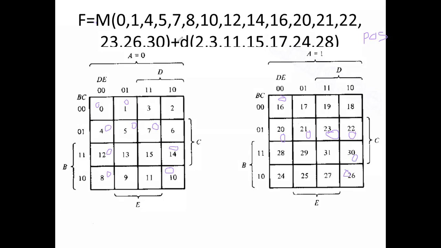Plus don't care. What is the meaning of don't care? Either we take 1 or 0. Here it is POS form, that's why we consider don't care as 0.